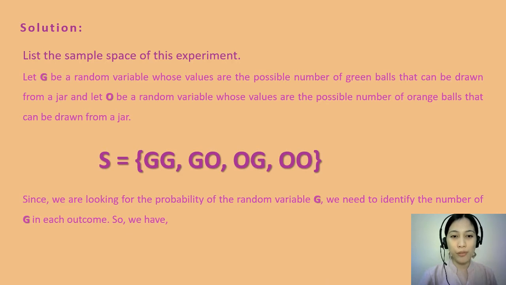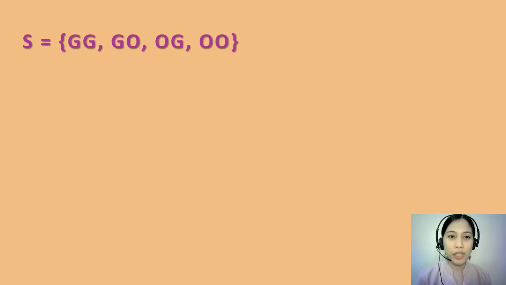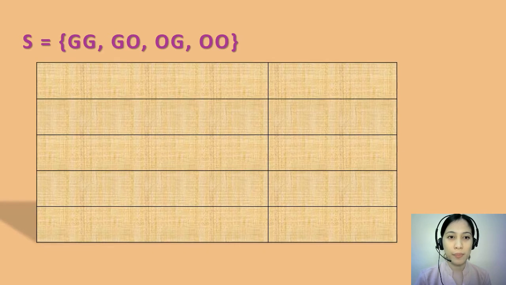Since we are looking for the probability of the random variable G, we need to identify the number of G in each outcome. So we have a table representing the numerical representation of the occurrence of green balls.